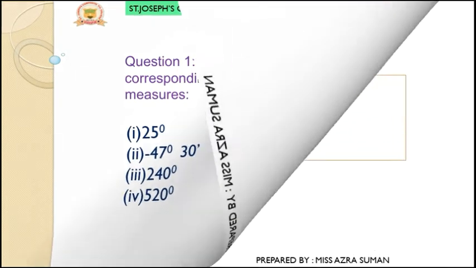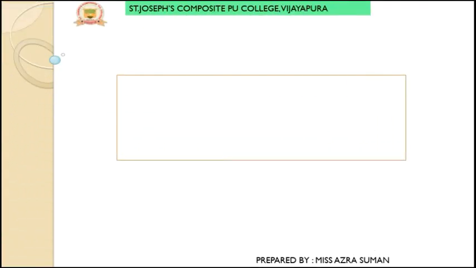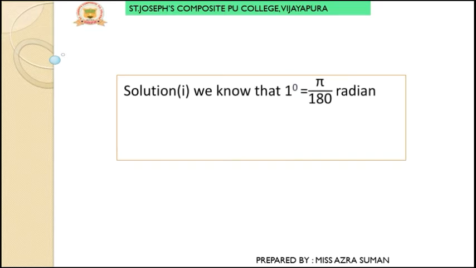See, the solution for the first problem is, we know that 1 degree is equal to pi by 180 radian. Then the value for 25 degree is equal to 25 into pi by 180 radian.